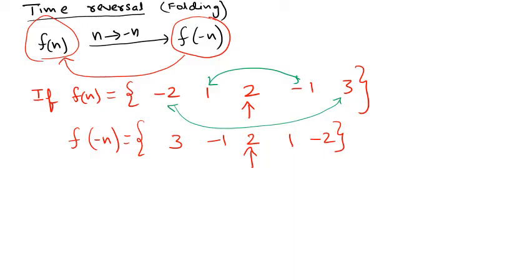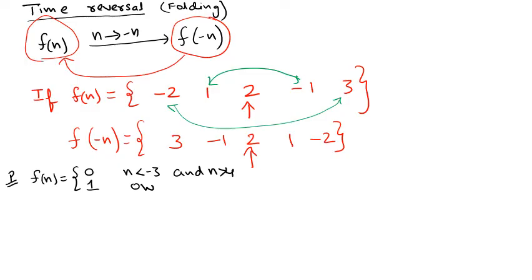Let's just again take an example, or you can say a problem. Suppose we have a signal f of n which is 0 for n less than minus 3 and n greater than 4, and it is 1 otherwise.